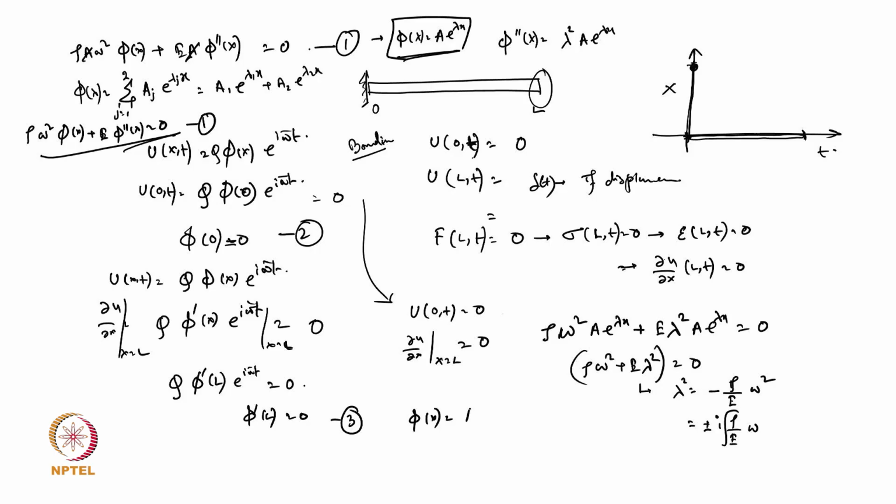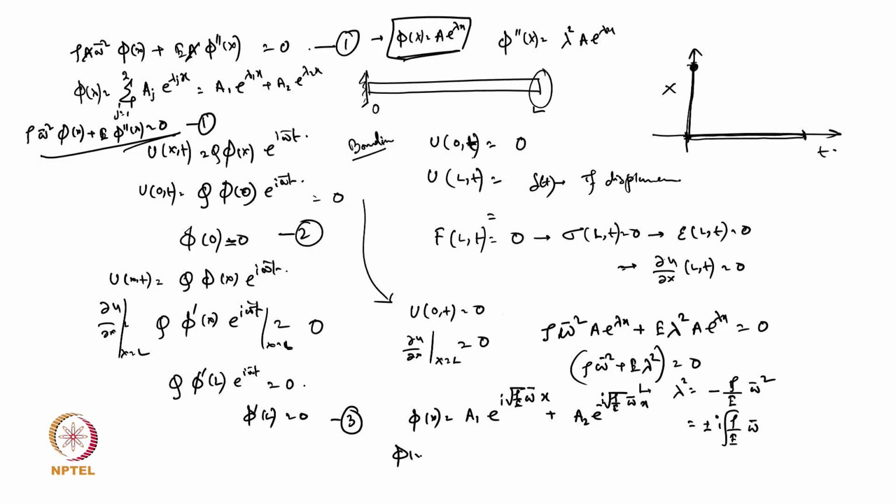Phi of x solution is a1 into e to the power of I root over of rho by E omega bar x, usually omega bar, because this is the forcing, plus a2 e to the power of minus I root over rho by E omega bar x.